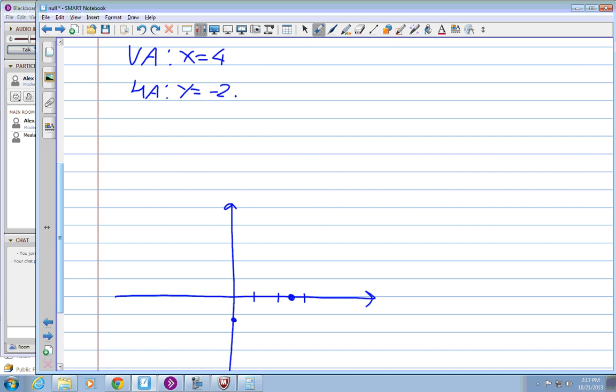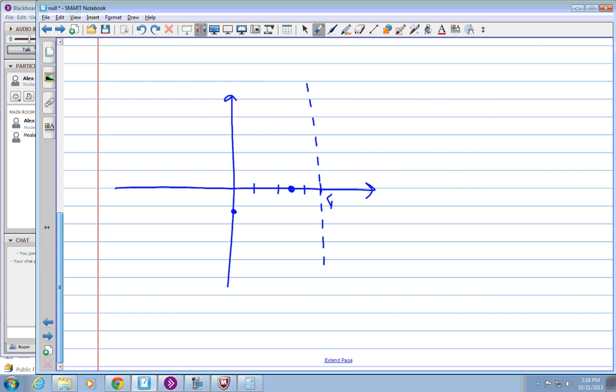So no oblique then. You cannot have horizontal and oblique. Okay? So we have this vertical asymptote, and we have that horizontal asymptote.